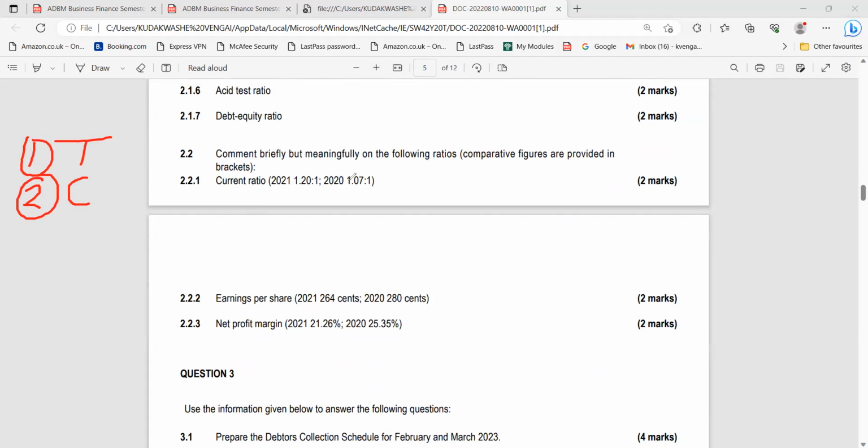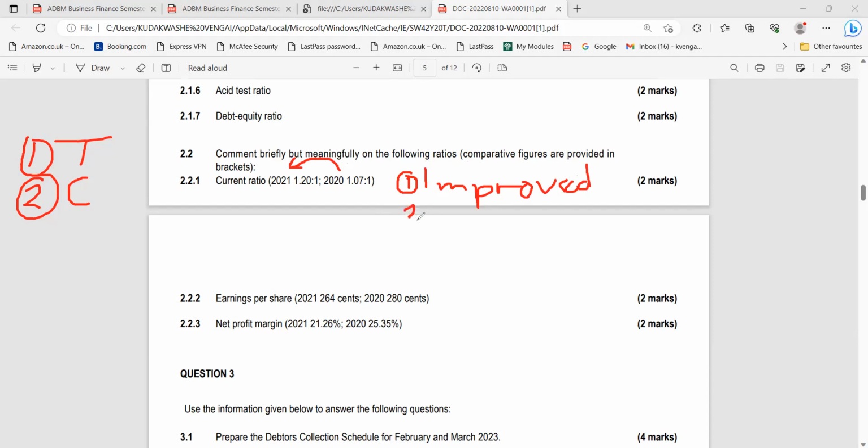So according to trend analysis, we can see that the ratio from 2020 to 2021, it improved. That's according to trend analysis. So we can conclude that this company's liquidity position is improving over the years, because current ratio represents liquidity.